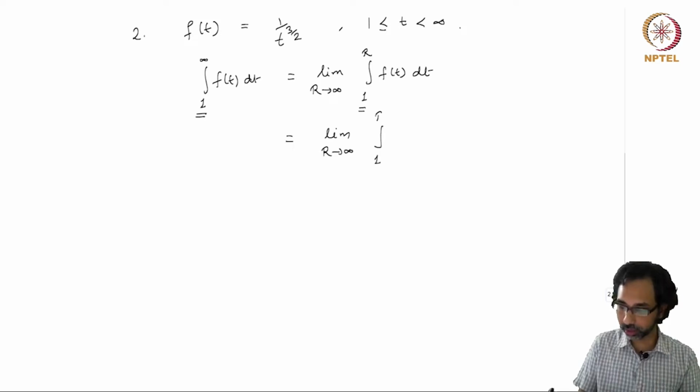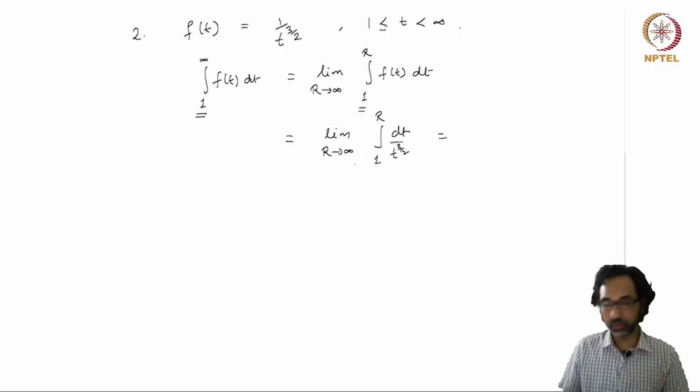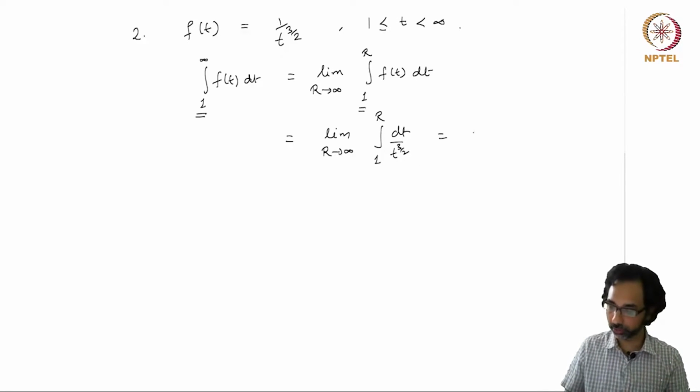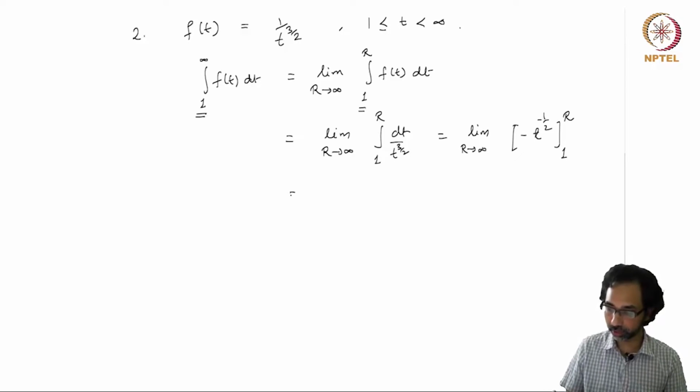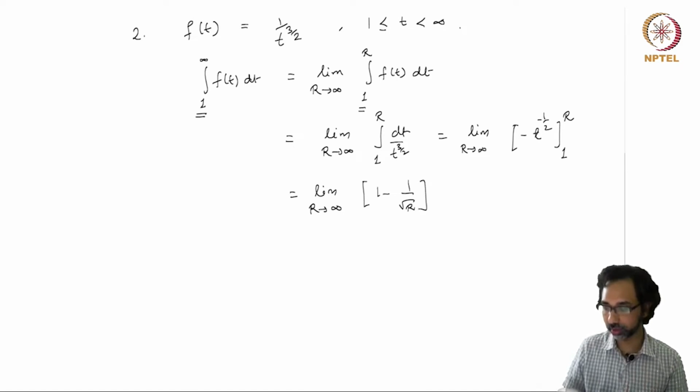So we integrate t to the power 3 by 2. We can evaluate this integral from 1 to r of dt by t to the power 3 by 2, and you get the limit as r tends to infinity of minus t to the power minus half, evaluated from 1 to r. So in the end you get the limit as r goes to infinity of 1 minus 1 by square root of r.